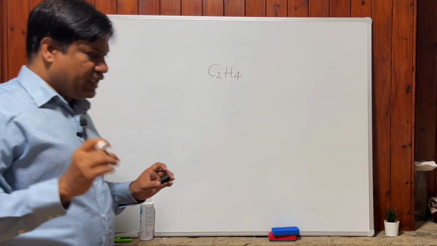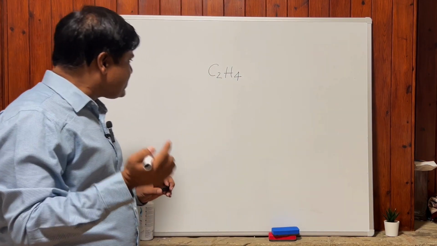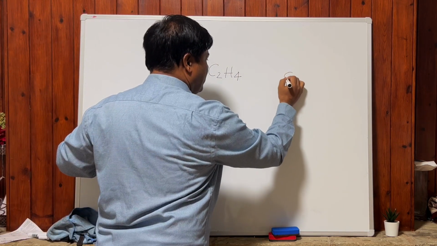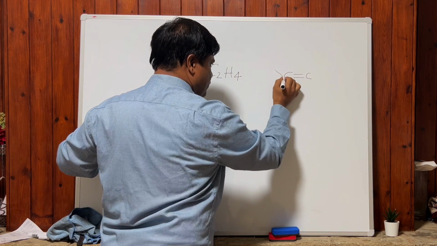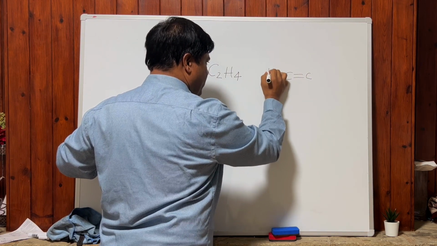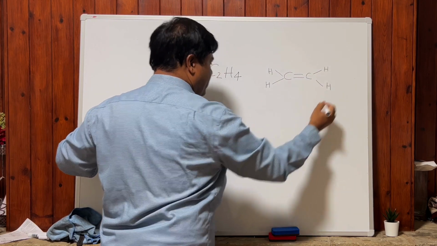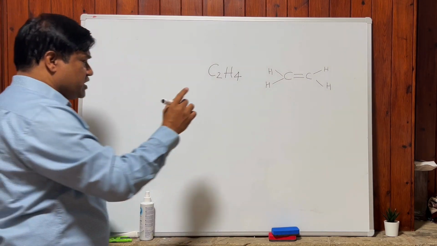An alkene is a hydrocarbon in which there will be at least a carbon-carbon double bond. I will teach you guys when I make videos on organic chemistry. Look at the structure. That's the ethene. There is a double bond between carbon and carbon. Okay. Now, I told you, just ignore it.